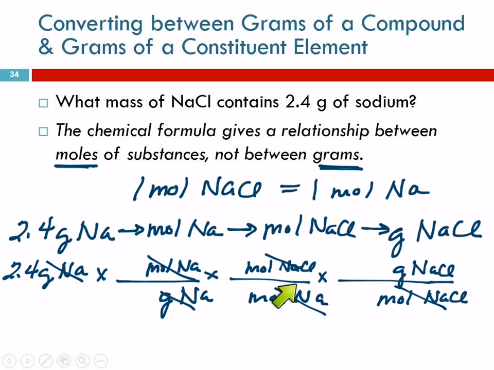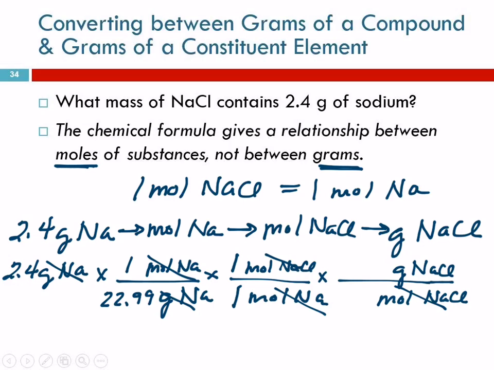This ratio in the middle we got from the chemical formula. There is 1 sodium in 1 NaCl unit. So there's 1 mole of sodium in 1 mole of sodium chloride. The relationship between grams and moles is always going to come from the periodic table. We look up sodium. It says 22.99. 1 mole of sodium weighs 22.99 grams.